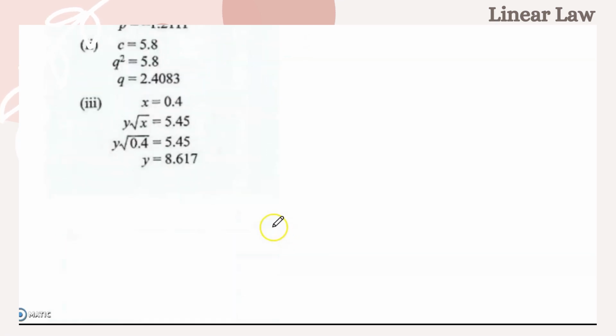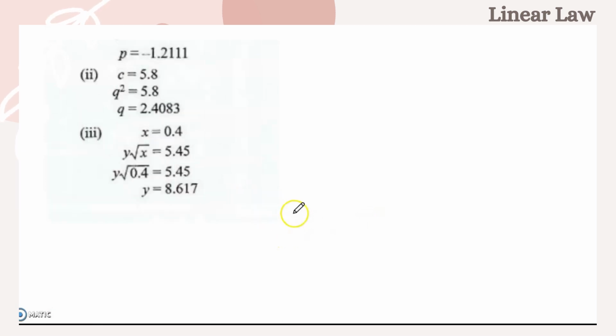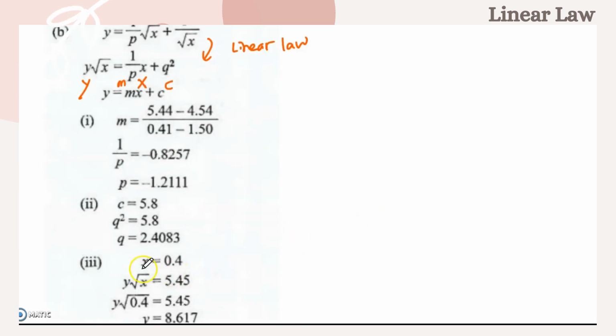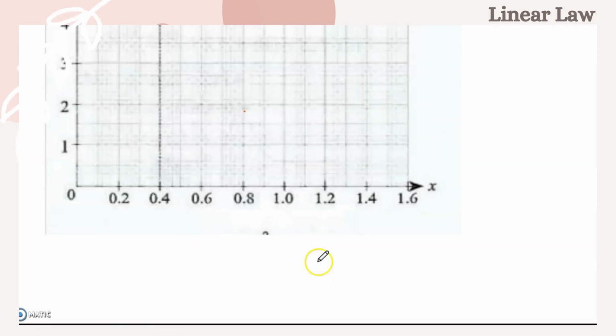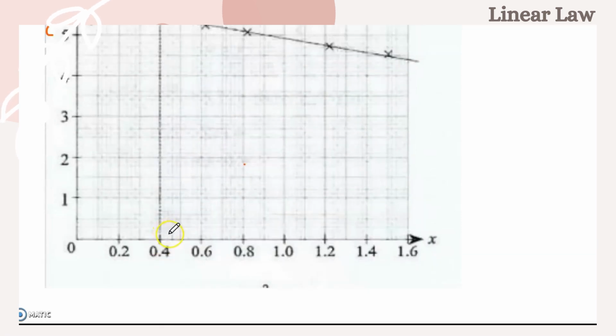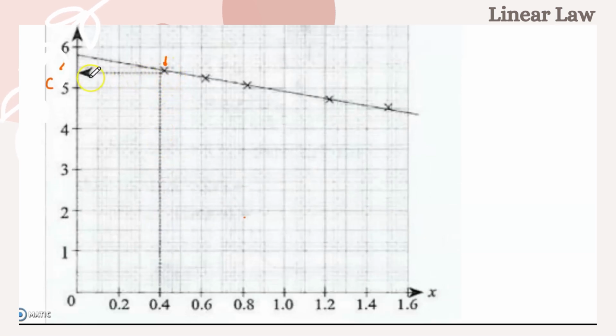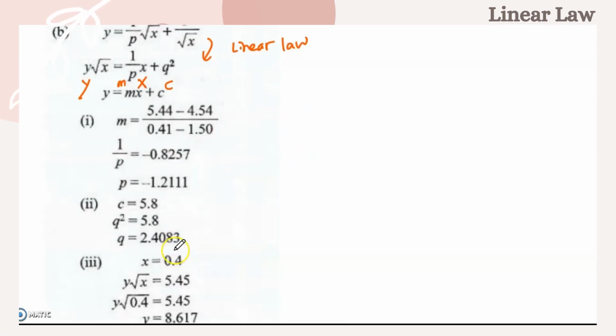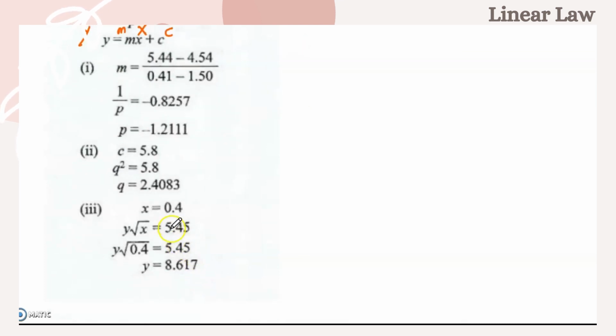Next is the value for y when square root of x equals 0.4. Since the x-axis is already in the form of square root of x, from the x-axis we take 0.4 and make a dotted line until we touch the graph, and then we get the value of y, which lies at about 5.45.